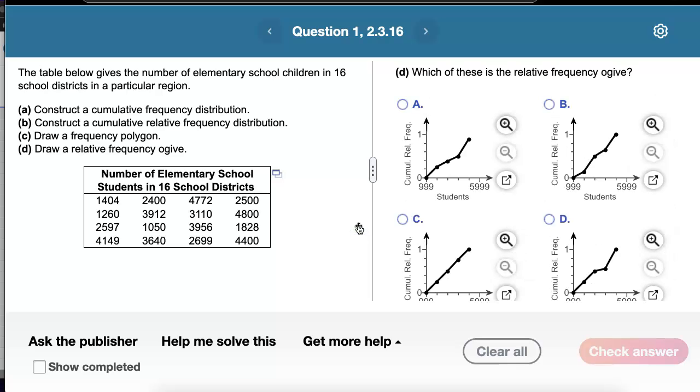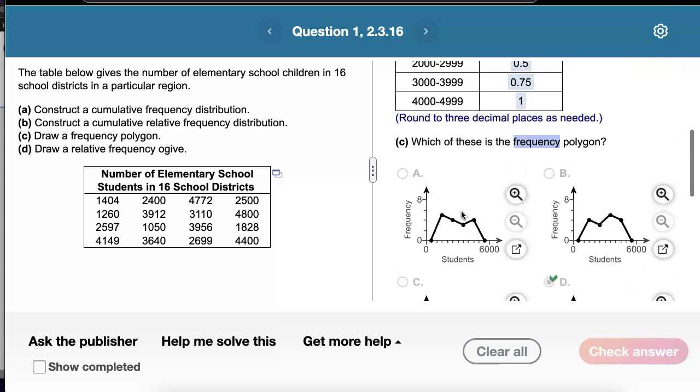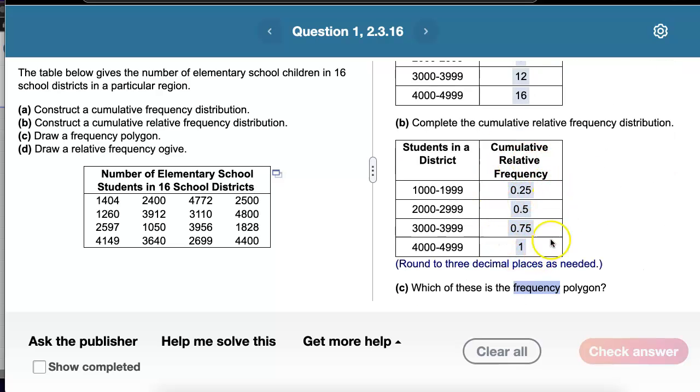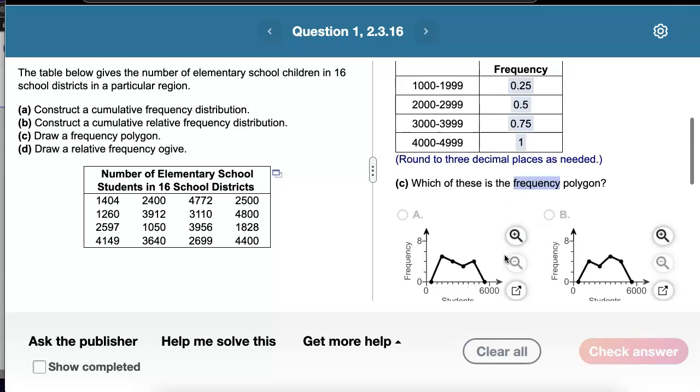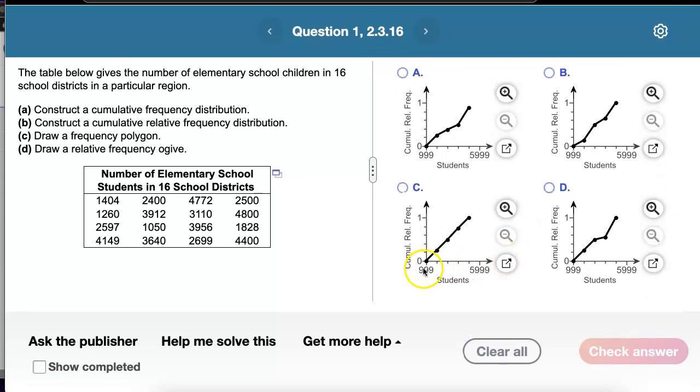And then last, we have the relative frequency ogive, and this one comes from the cumulative relative frequency values. If I go back up to our chart, these were our values, 0.25, 0.5, 0.75, and 1. And notice where the x-axis starts. The x values for each point start on the upper class limit of the class.